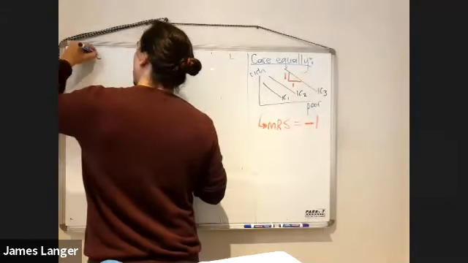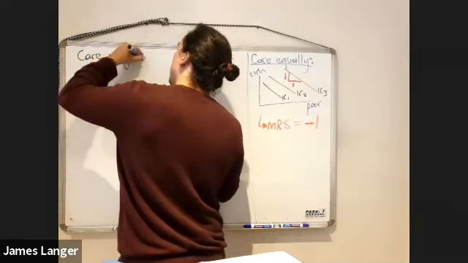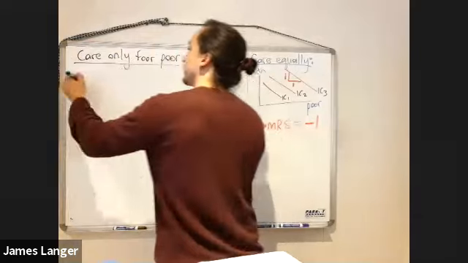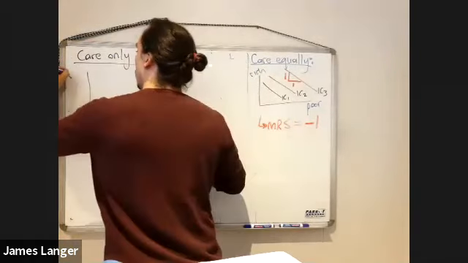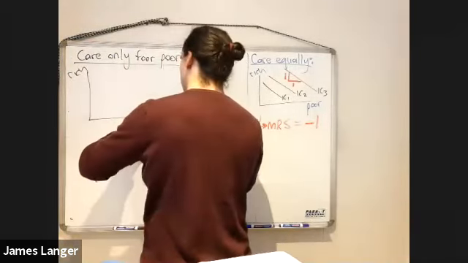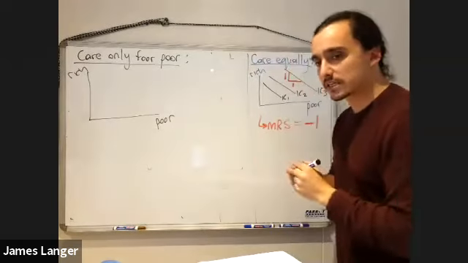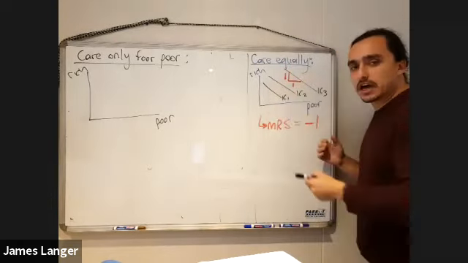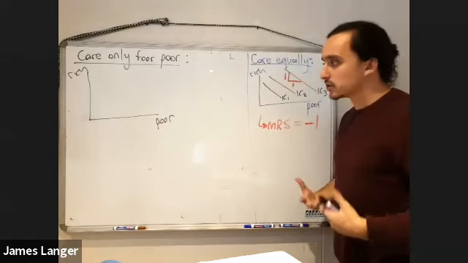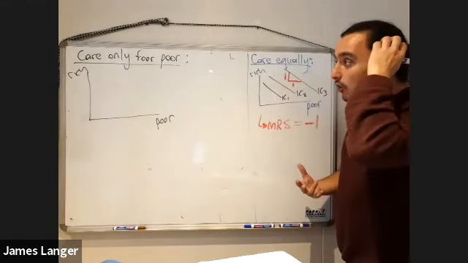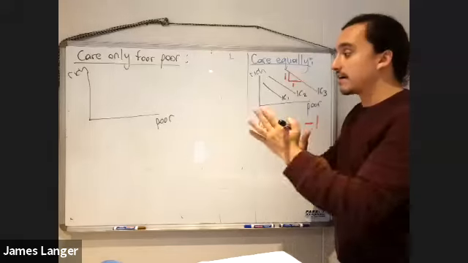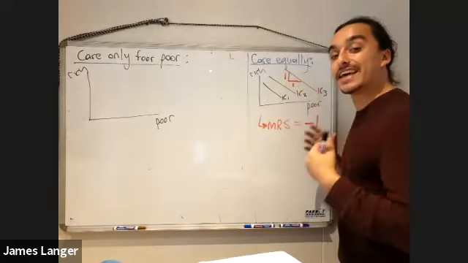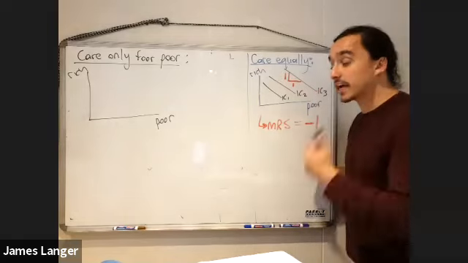If I care only for the poor, then what we're going to see, I'm not just going to give you the answer, I'm going to ask you a question. Remember, when I move up from one indifference curve to the other, I get higher utility. So if I care only about the poor, then I'm going to have to move from one indifference curve to the other with increased income for the poor.